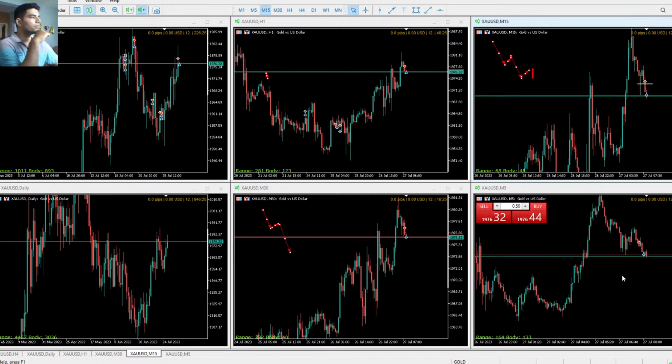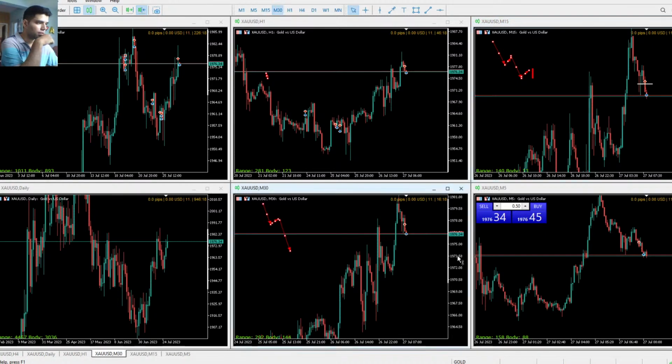So if this 15-minute candle closes below this week, we can still take the next trade. We can take our second trade. Okay guys, but let's not hurry.